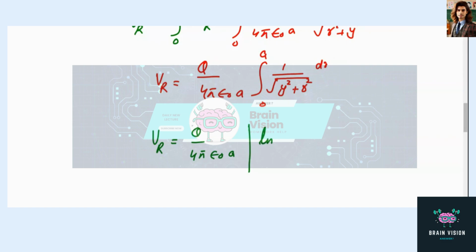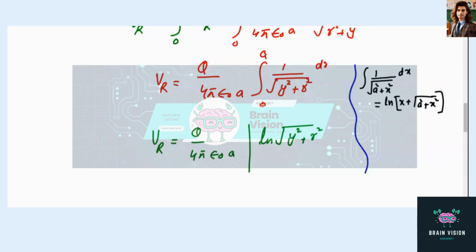that is equal to ln of square root of y squared plus r squared plus r, and here we have limits from 0 to a.